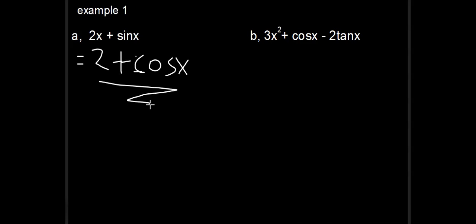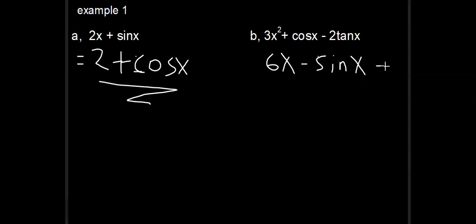I want you to try the second one. When you come to the second example, the derivative of 3x raised to the 2 is 2 times 3, so it will be 6x. And then plus cos x; the derivative of cos x is always negative, or minus, sin x. So let me just erase this. It will be minus sin x.